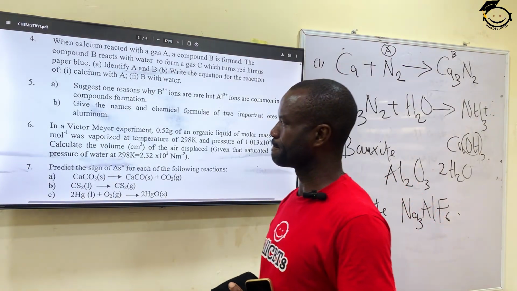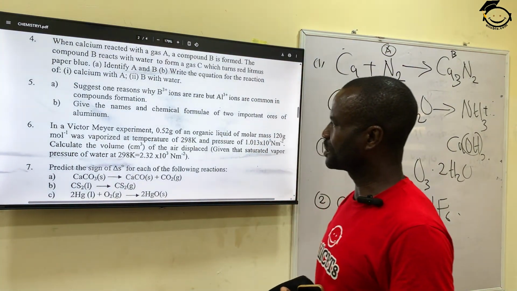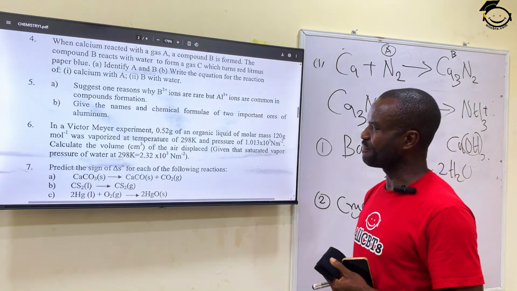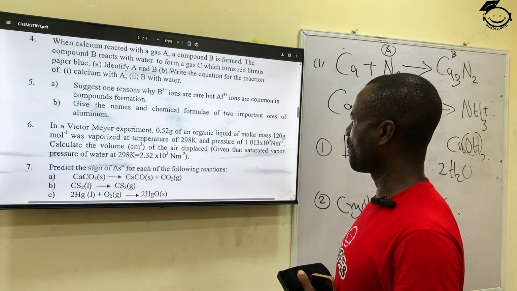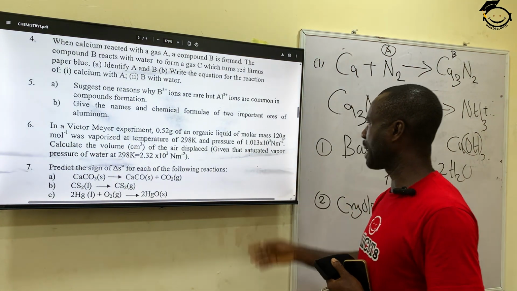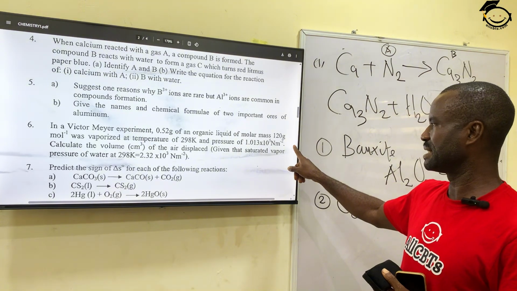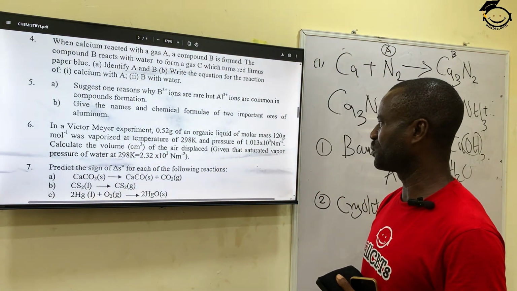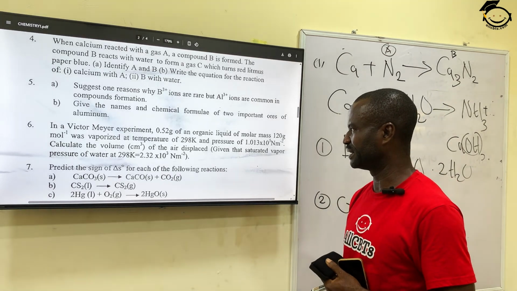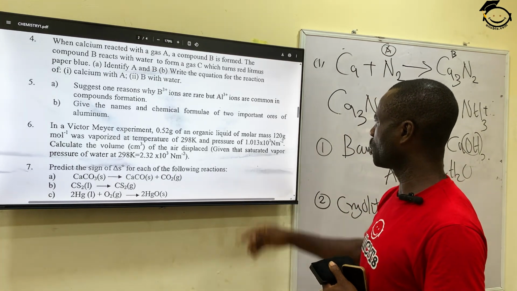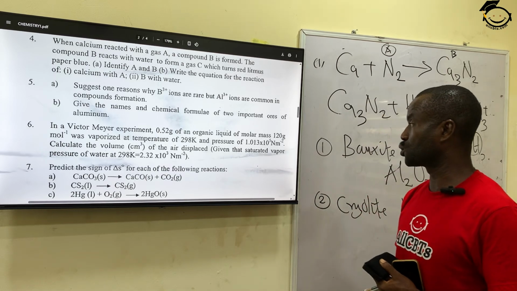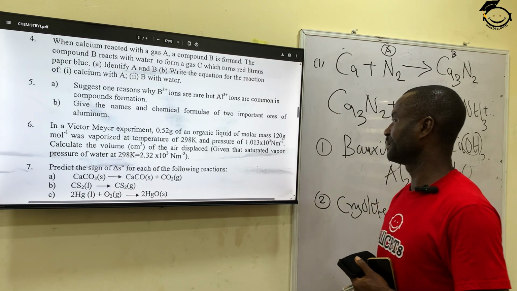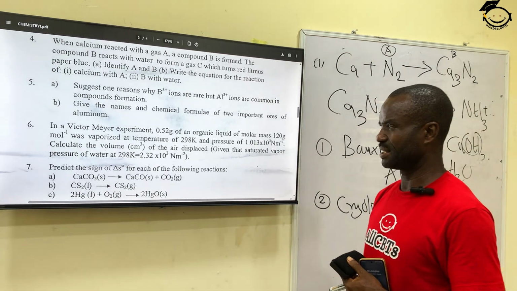Question 6. In a Victor Meyer experiment, 0.52 gram of an organic liquid of molar mass 120 gram per mole was vaporized at a temperature of 298 Kelvin and pressure of 1.013 times 10 raised to power 5 Newton per meter squared.